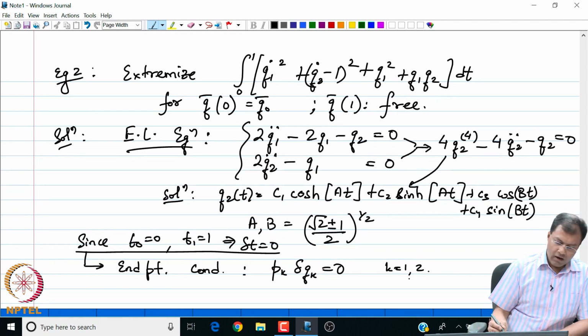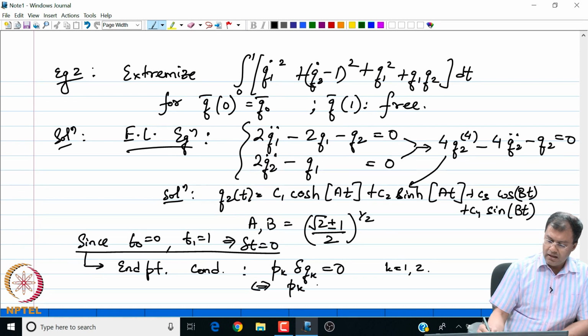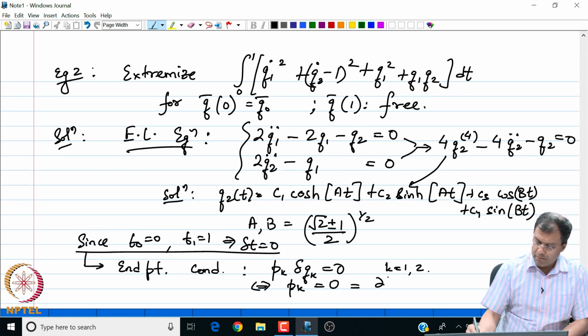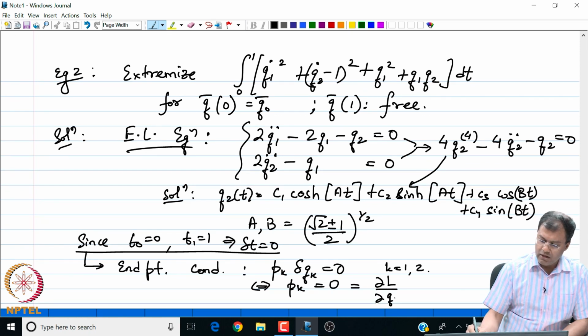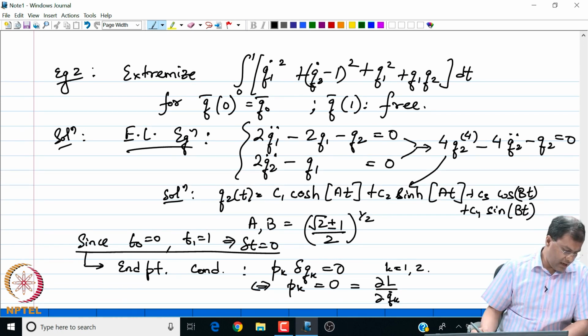So from here all I have to do is substitute the value of q_k, because delta q_k is non-zero. So this is equivalent to saying that p_k is equal to 0. So what is p_k? p_k is partial L partial q_k dot. So this partial derivative is set equal to 0 for k equal to 1 and 2. From here these are the two conditions I get.